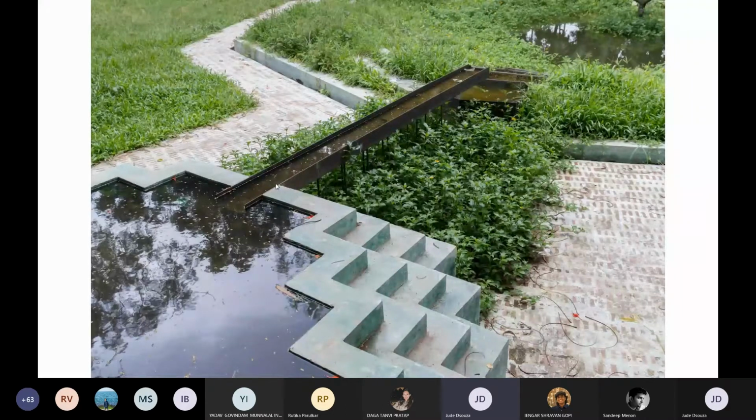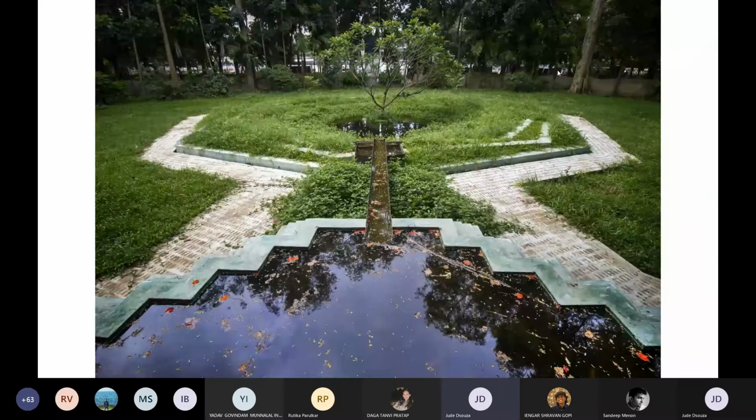I believe it's a brass gutter, an overflow spout, and from here it overflows into these steps, and then it goes into that pond in the center, and then the whole process repeats as a cycle.